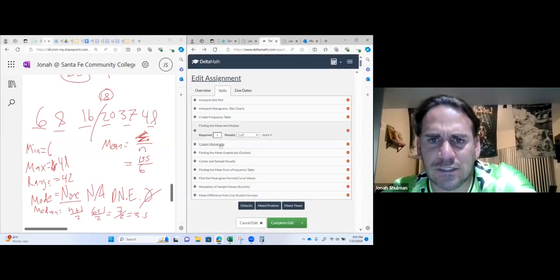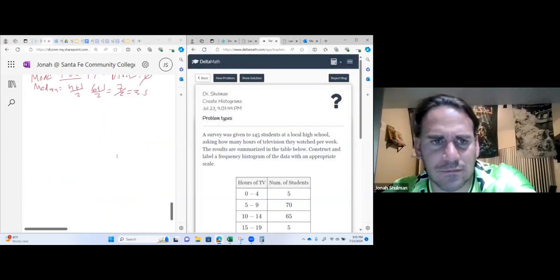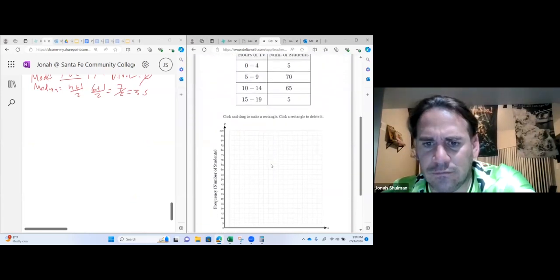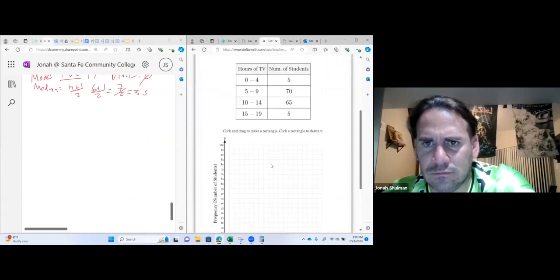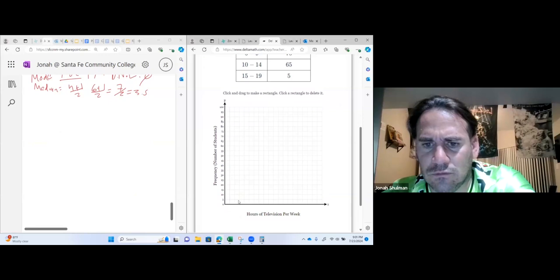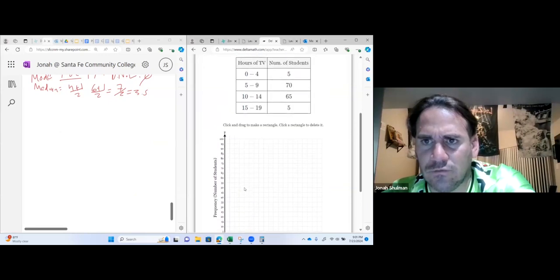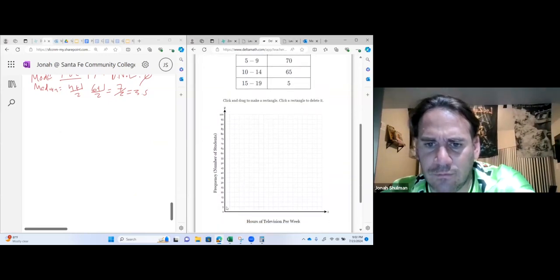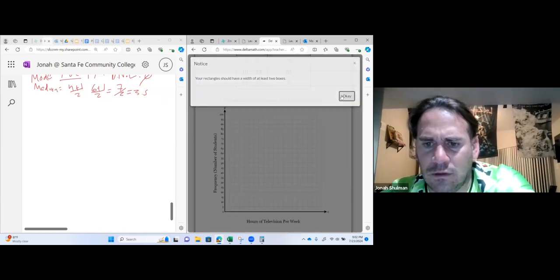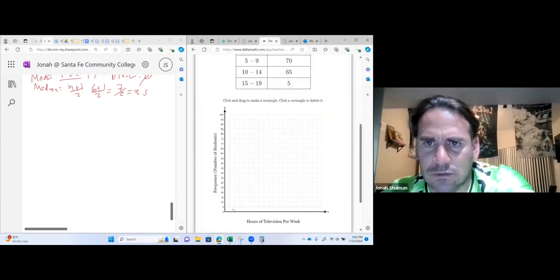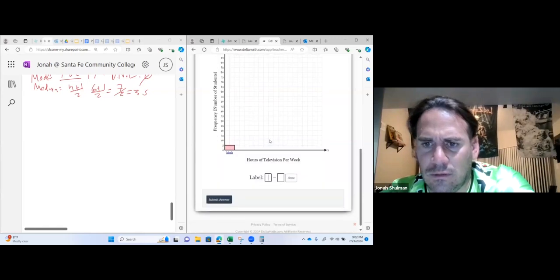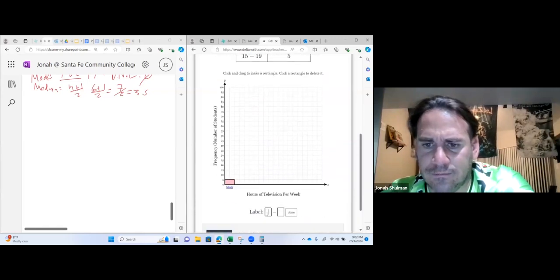All right, let's create a histogram. Oh, that's kind of what we just did. So where do we get to drag? All right, so the first one is 5. Label. The first one is 0 to 4.